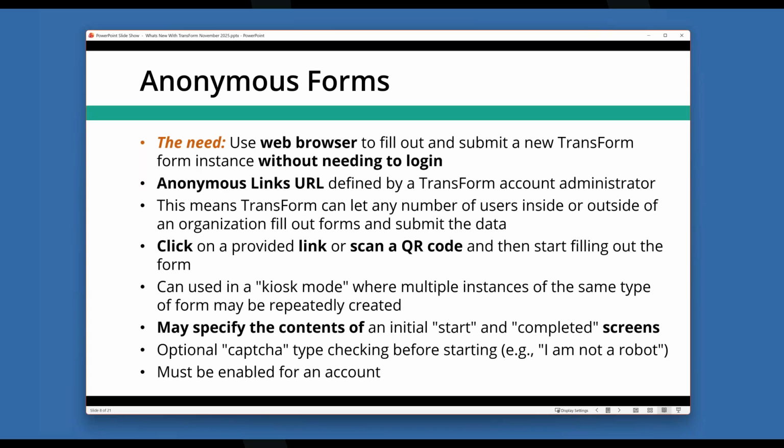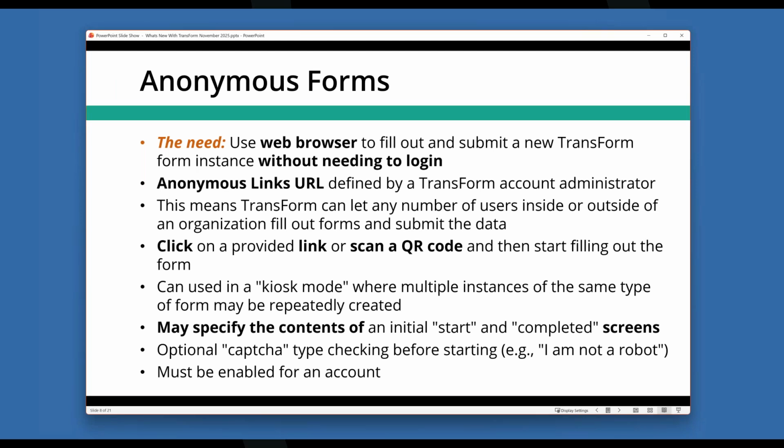What we have are anonymous link URLs that a TransForm account administrator can create using one of the configuration tabs in TransForm Central. And this URL can now be used by people outside the organization or within your organization. And it's just like normally filling out a TransForm form. I'll show you a little bit about what that is.